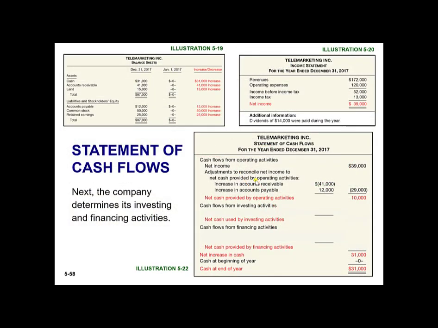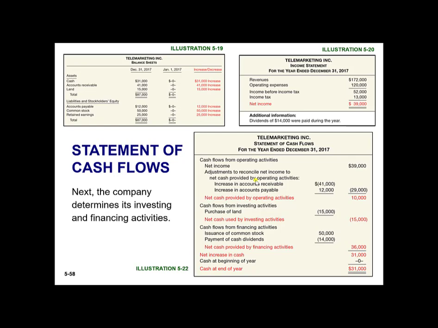Next, the company determines its investing and financing activities. Cash flows from investing activities would consist of the $15,000 purchase of land, and you recognize the net cash used by investing activities. Cash flows from financing activities are $50,000, the issuance of common stock, and payments of cash dividends of $14,000, which gives you a net of $36,000.